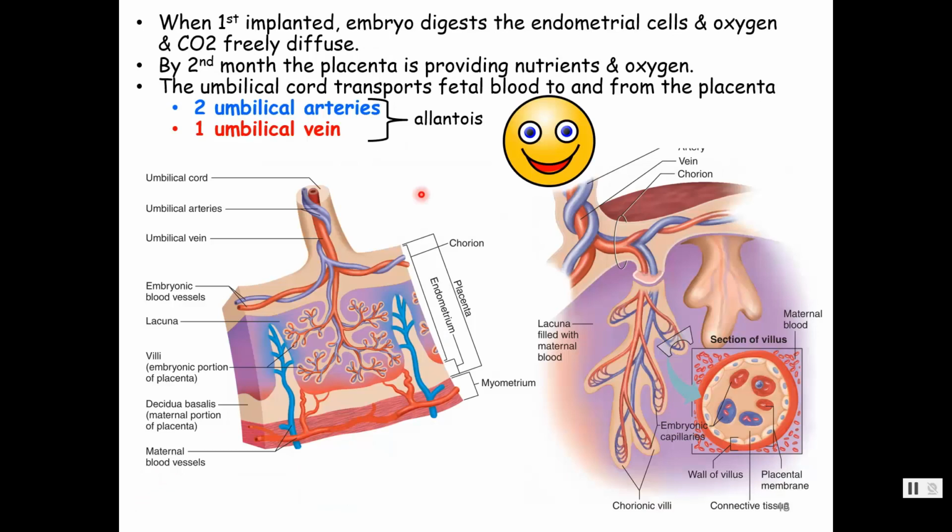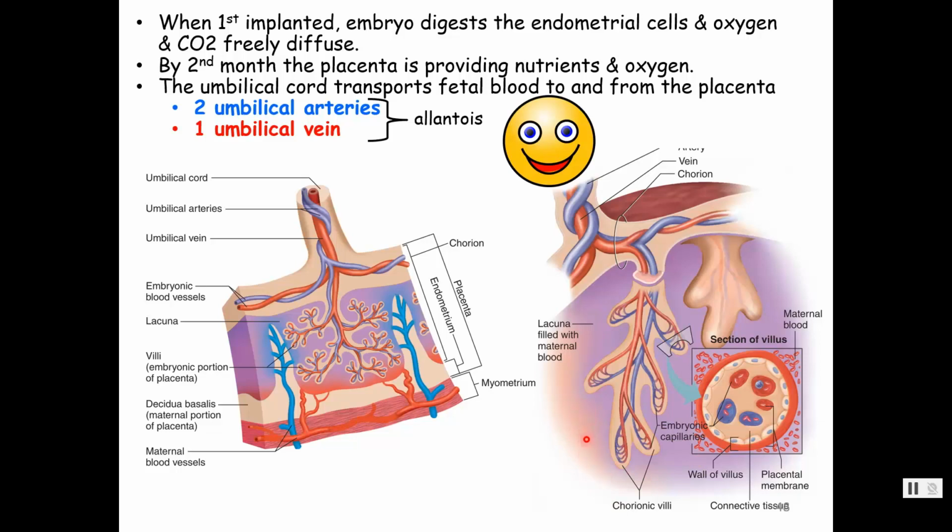When the embryo first implants, it's going to get its nutrients basically from the endometrial cells, and oxygen and carbon dioxide can freely diffuse because the embryo is tiny. By the second month, the placenta is providing those nutrients and that oxygen. Take a look right here. This is showing a cross section. Out here is the maternal side, and think of it like sinusoidal capillaries.